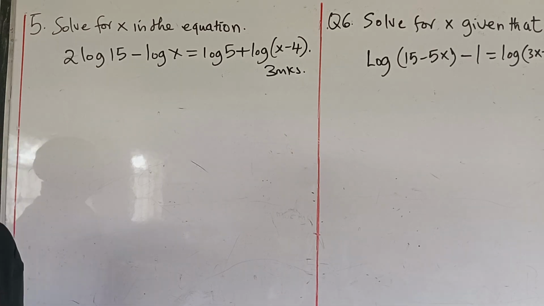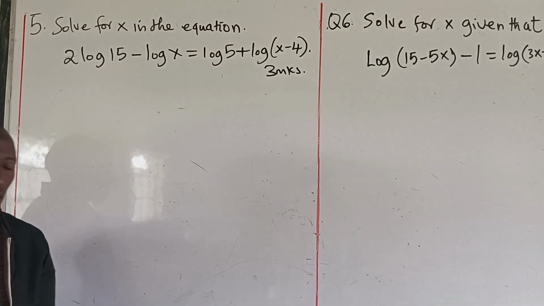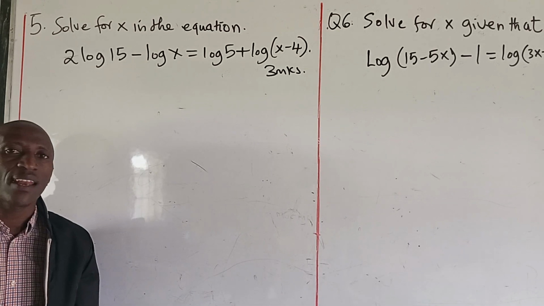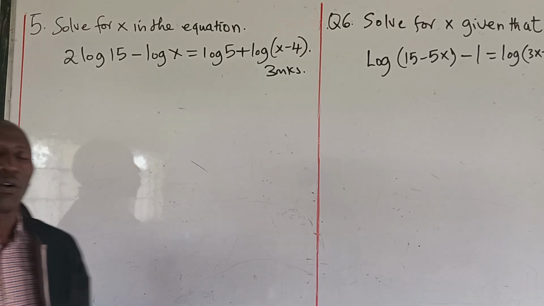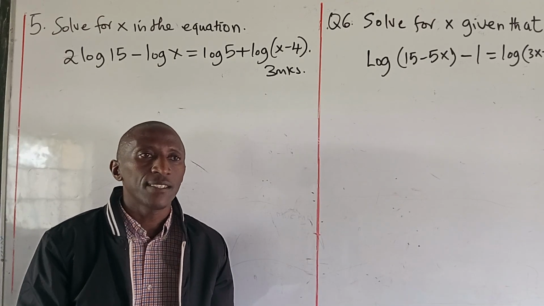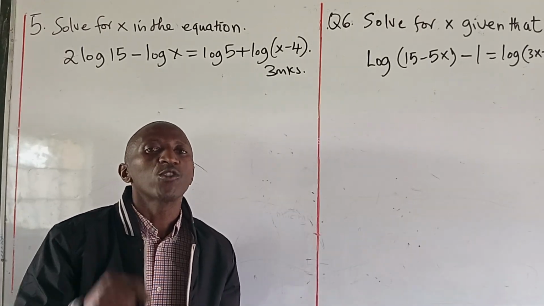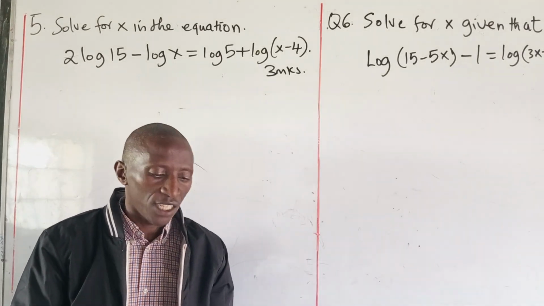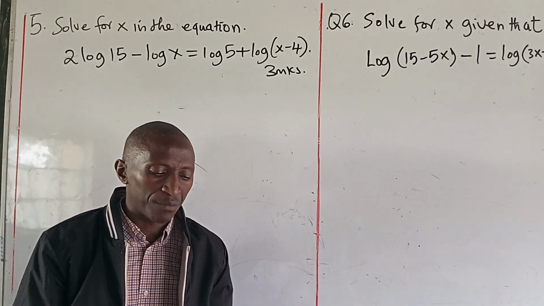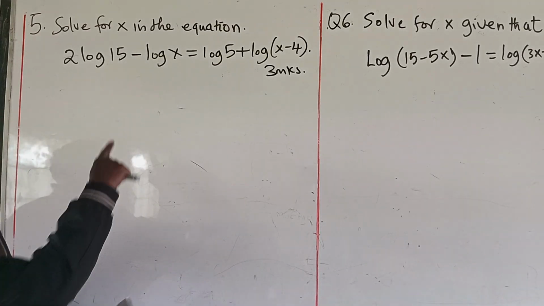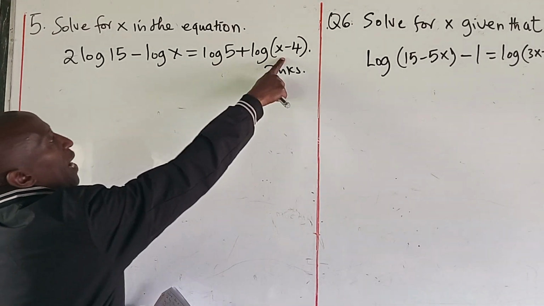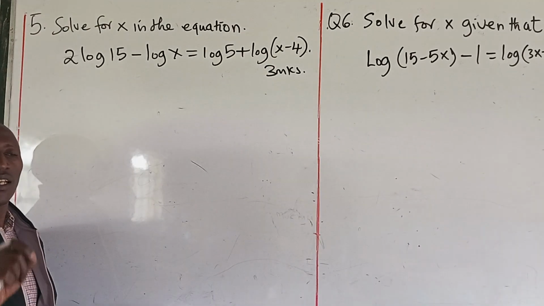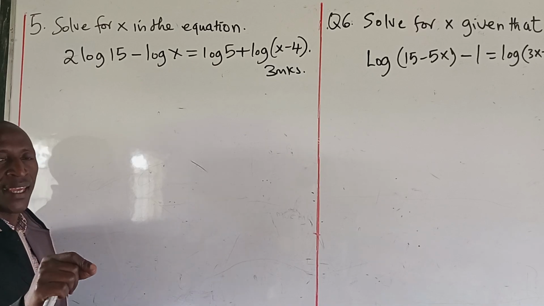This is a question that requires the learner to have knowledge on the laws of indices and partly laws of logarithms. I think the bigger portion here is on laws of logarithms. Which ones are these? When logarithms are being added, the numbers will be multiplying.